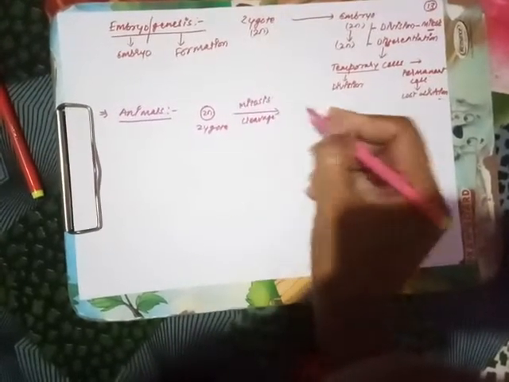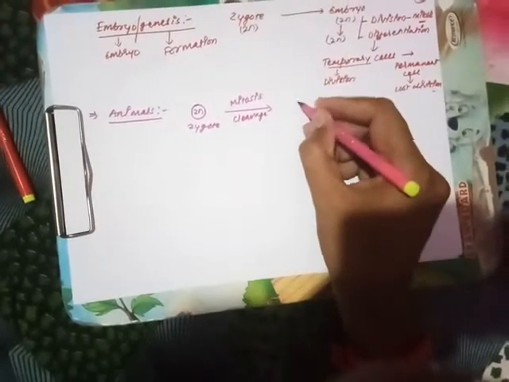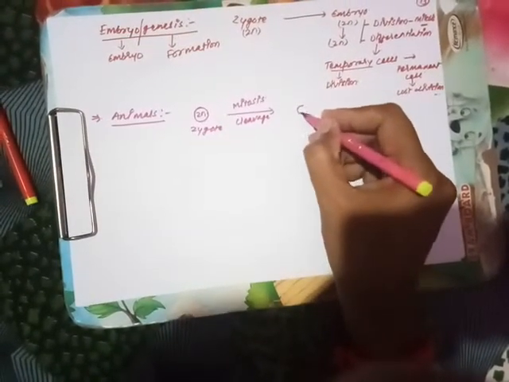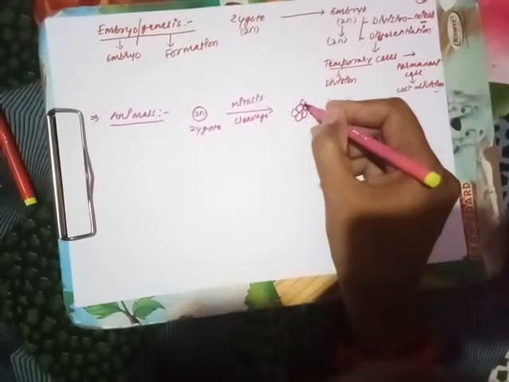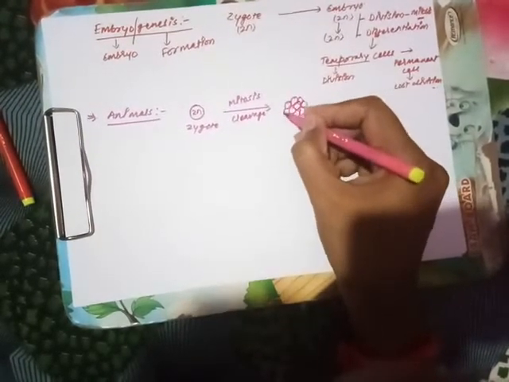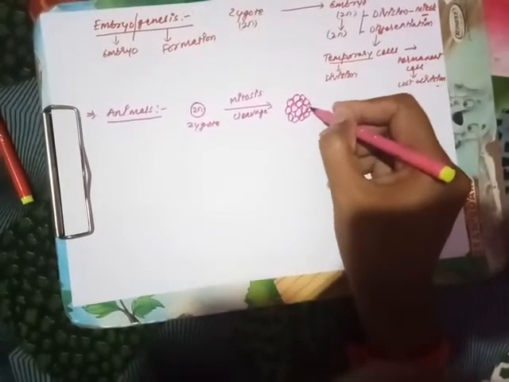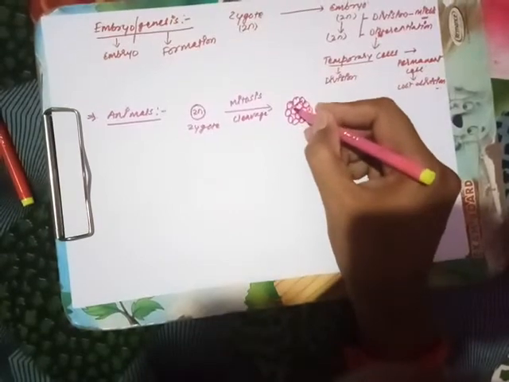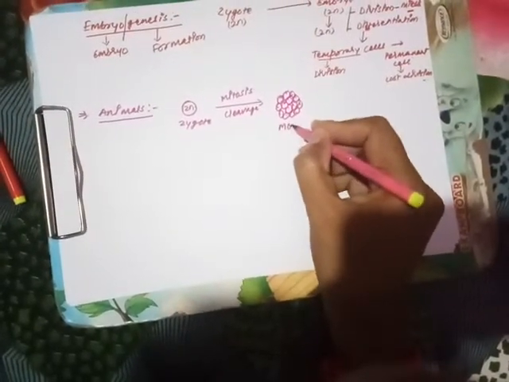That process we'll discuss later in the next chapters, where it will form a group of new cells. This group of new cells is called the morula.